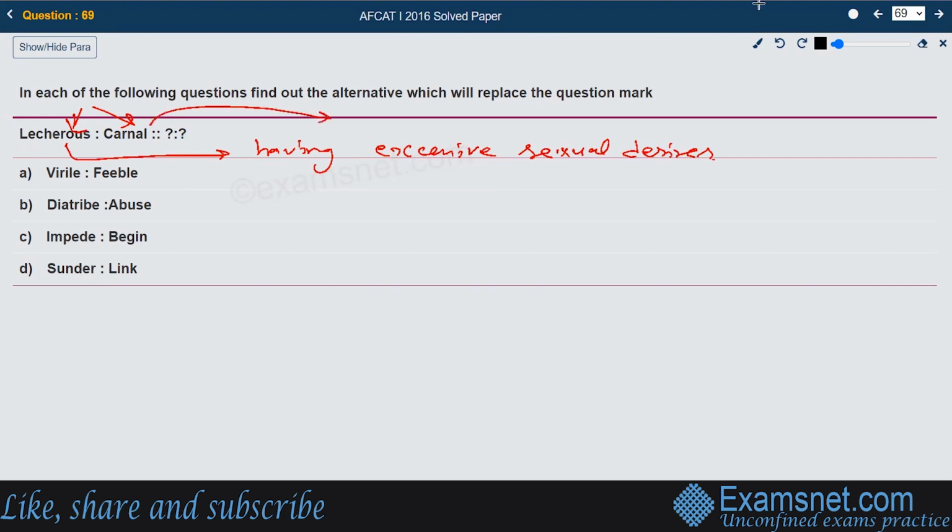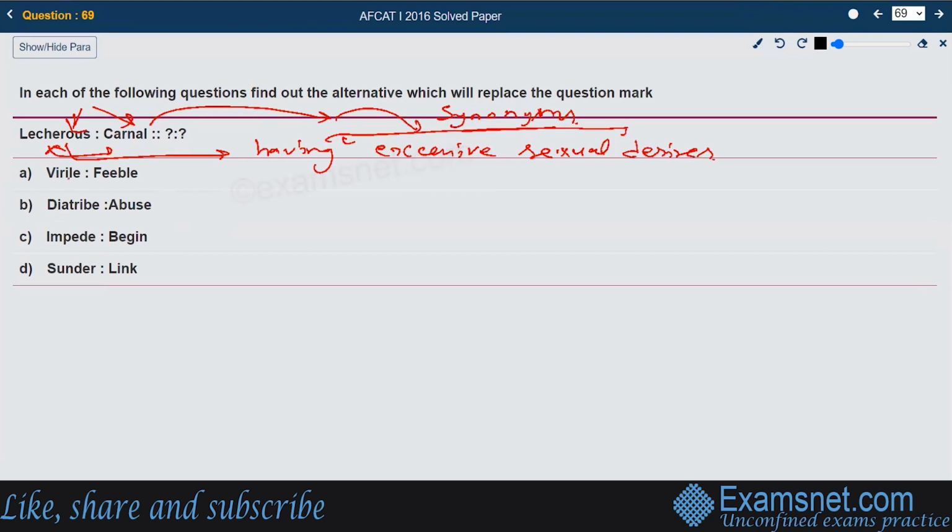The word carnal means the same thing, excessive sexual desires. So it seems that they are synonym pairs. If you look at it carefully, the two are synonyms. So we are supposed to find the two synonyms, and that will be the right option.